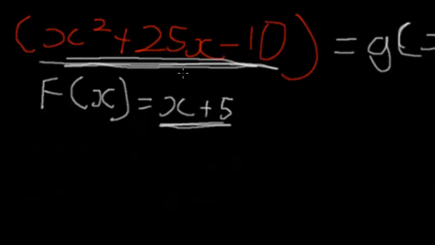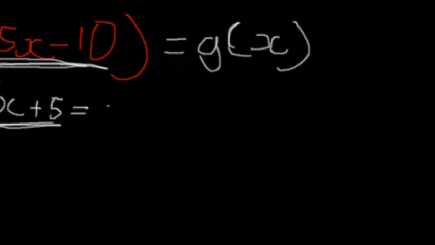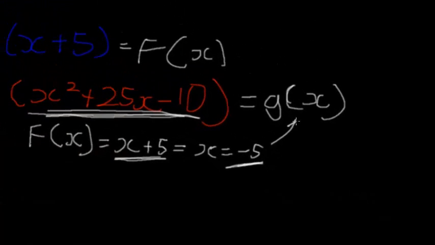That's how we basically explain it. So what we can do is we can change x to make this 0. So turn this into 0. This will become x is equal to negative 5. Now using that negative 5, we can put it into x here in the formula of g of x.